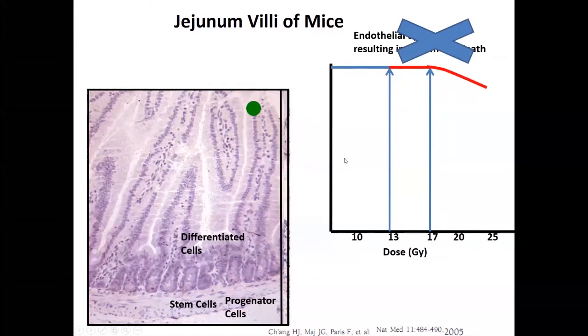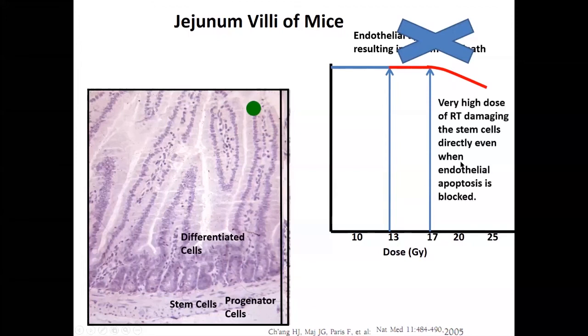And now they can say with surety that in absence of endothelial apoptosis, there is a direct damaging effect of radiation on stem cells. And in fact, they identified a stem cell population in the crypts which die at a very high dose. So this experiment suggests that there is a direct damaging effect of radiation.